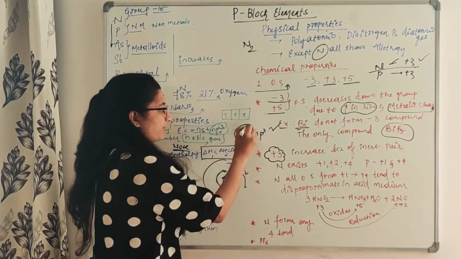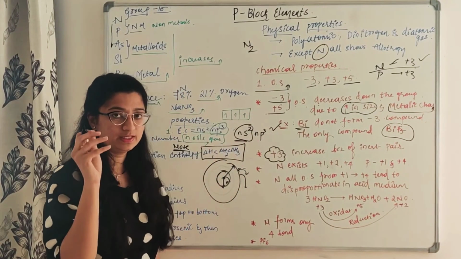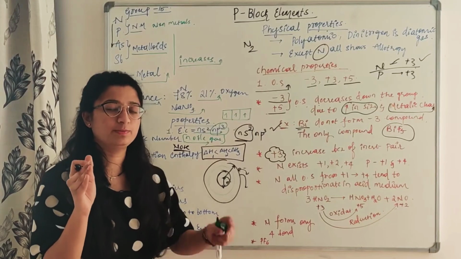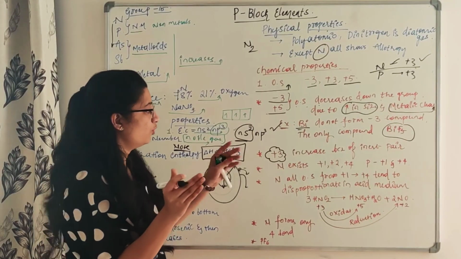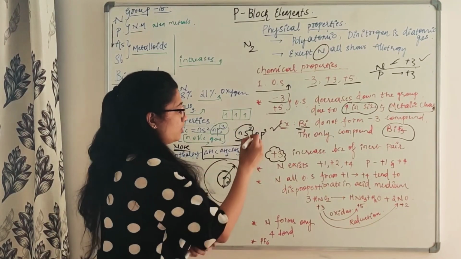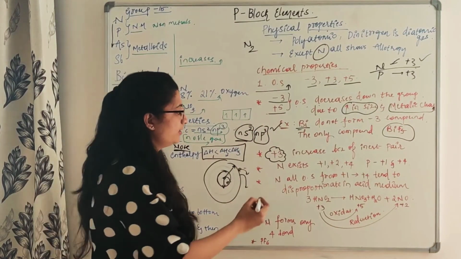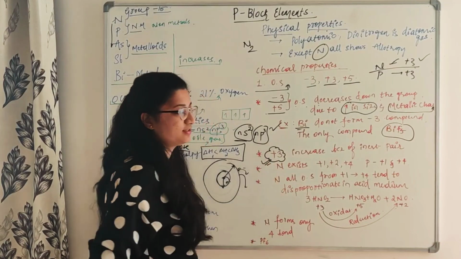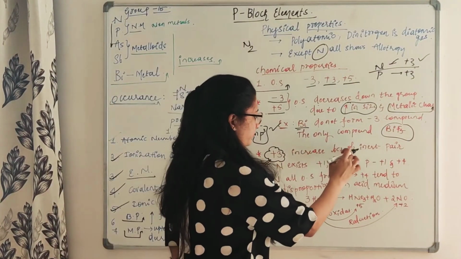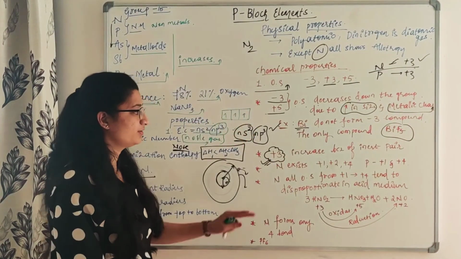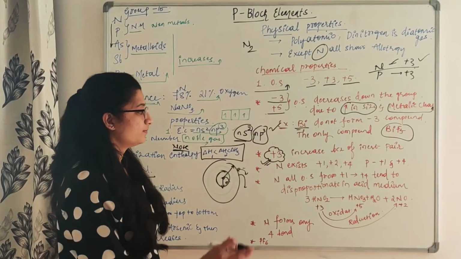Due to the inert pair effect, the s orbital electrons are inactive, that means they are not taking part in chemical bonding. Only the p orbitals will take part. So how many electrons are there here? 3. So that is why the +3 oxidation state increases because of the inert pair effect. Okay, this is very important.